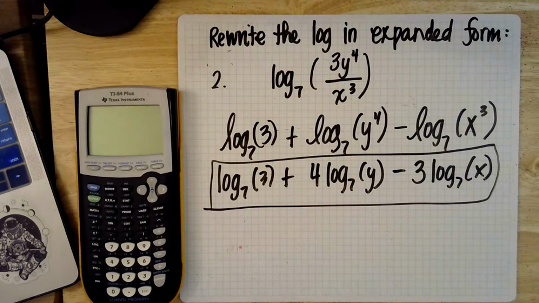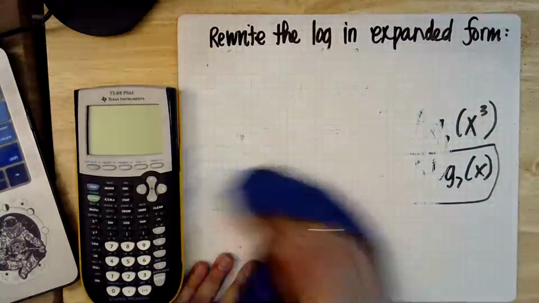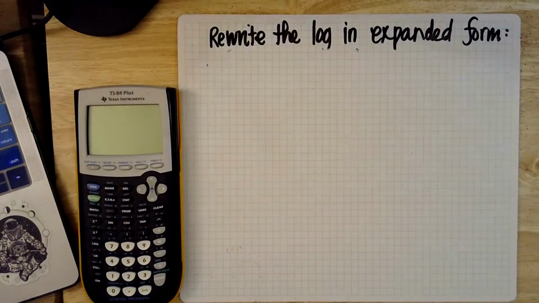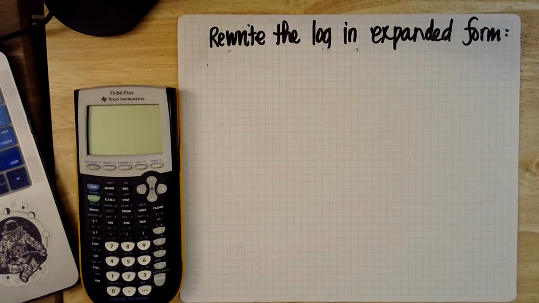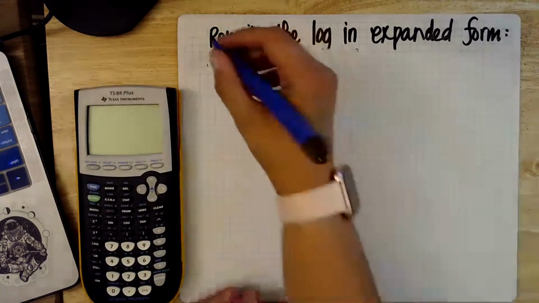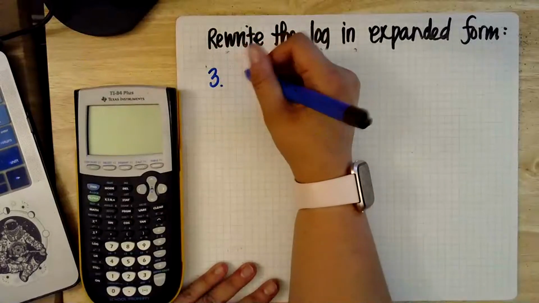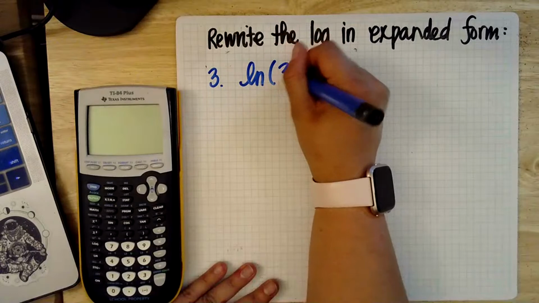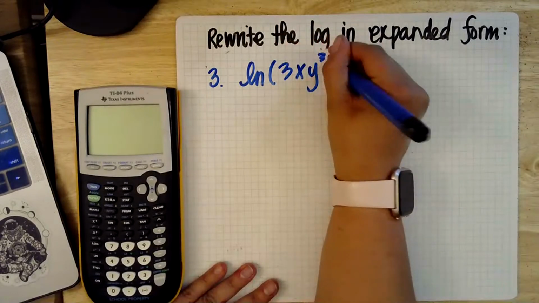So I haven't thrown in any natural logs. Let me go ahead and throw in natural logs, because natural logs follow the same rules of logarithms. A natural log is just the logarithm with the natural base e. So ln and e are inverses. So let's go ahead and do one more. Let's expand ln of 3xy to the 3rd.